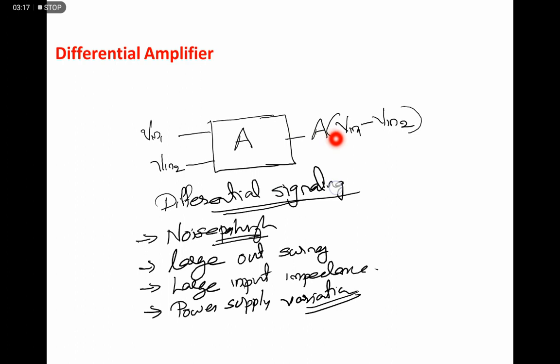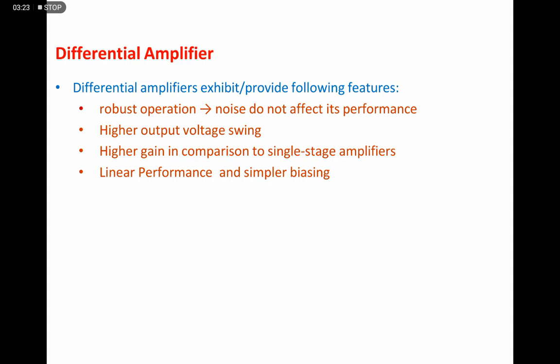It will amplify the difference between two input signals. That's why it is called a differential amplifier. The main advantage of the differential amplifier is that its noise performance is very high. It will reject any type of noise, coupling noise or environmental noise, and it can reject the power supply noise. I think we are familiar with the term power supply rejection ratio.